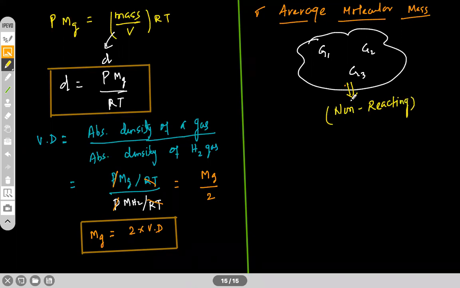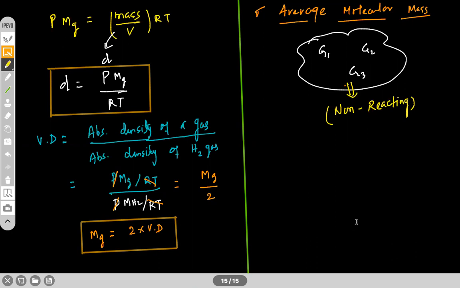Sometimes you'll get questions in which you feel these 2 gases can react with each other. But whenever you have the concept of vapor density and mixture of gases, you have to assume that the gases are non-reacting. Otherwise, the question is not possible. You cannot solve those questions. Why you have to assume? Because we already know that for any reaction, we must have a minimum amount of energy, or the condition of reaction must be there. We have discussed this in the first class. You remember that carbon oxygen combustion reaction?